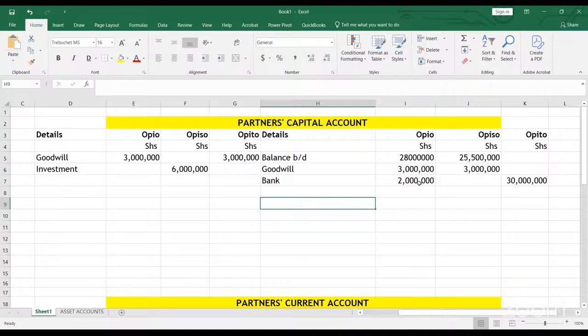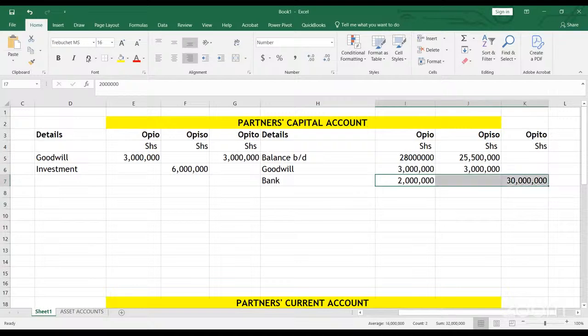Balance this account very fast because I see we don't have enough time. We need to finish this.